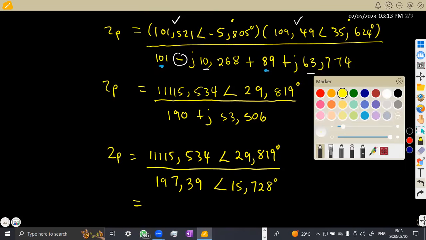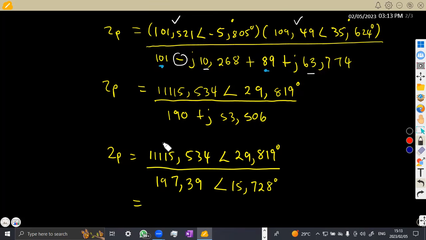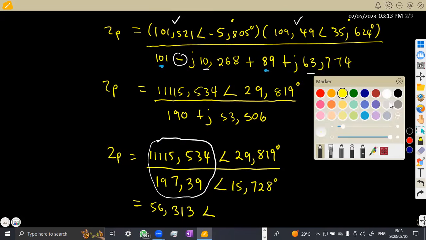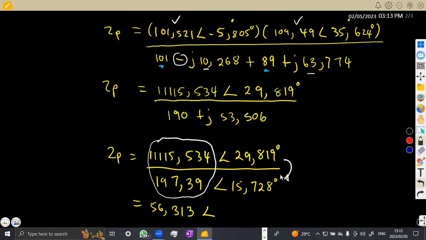Okay, so in polar form, it's easier for us. Why? We simply have to divide the numbers together. So these two, you divide them separately, which is going to give us 56,313. Okay, what is going to happen with the angles in polar form? In polar form, the angles you subtract.